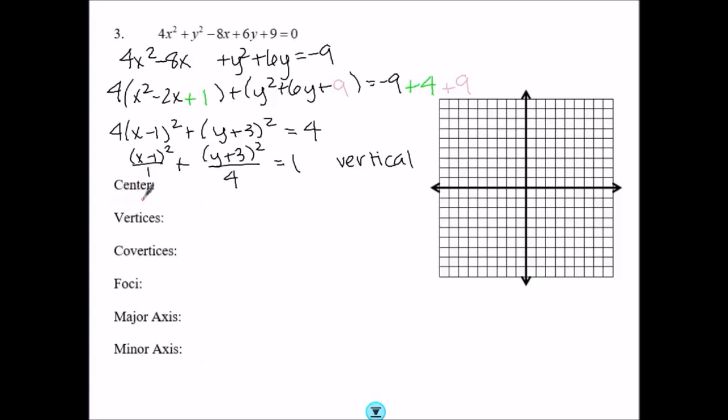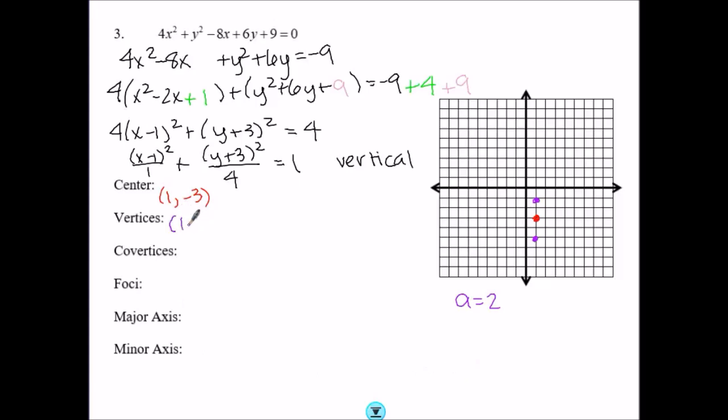Our center is still (h, k), (1, -3). To find our vertices, we need to figure out what a is. So a will be the square root of 4, which is 2. So since that is the denominator of the y fraction, we need to go 2 units in the y direction to find our vertices.